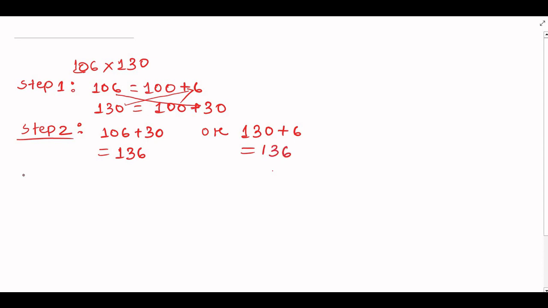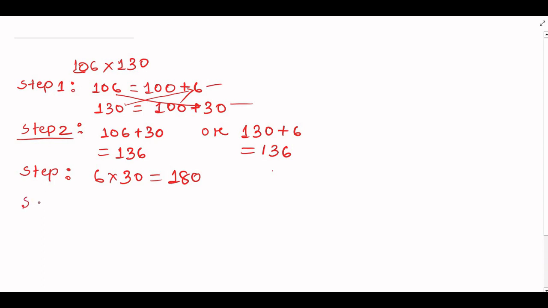Okay, now in step 3, we have to multiply these two numbers, 6 into 30, that means the values which we added up with 100. 6 into 30, then we will get 180.